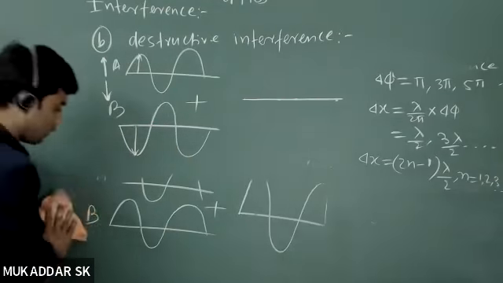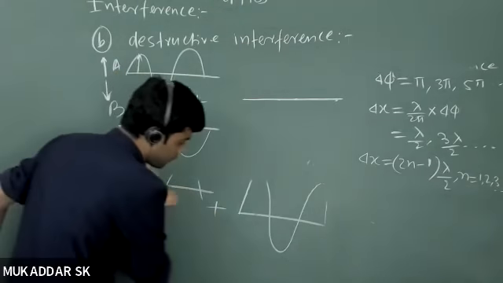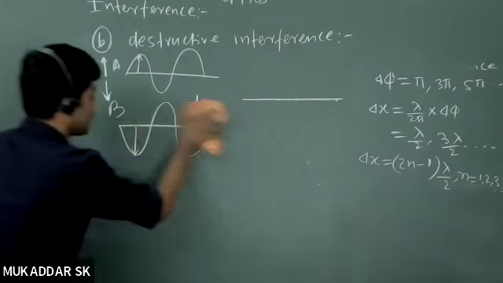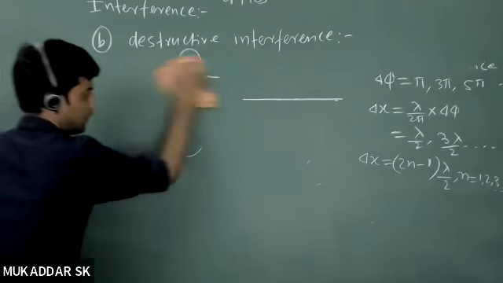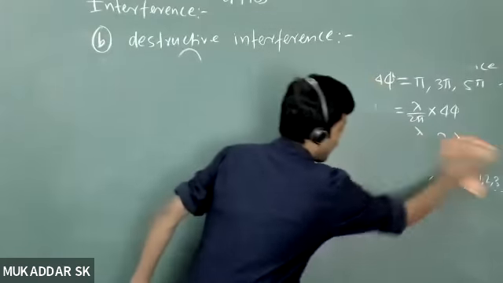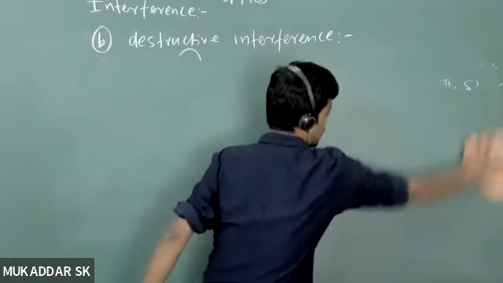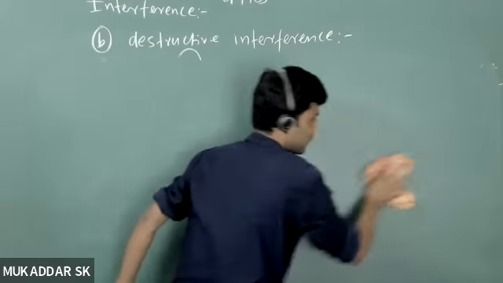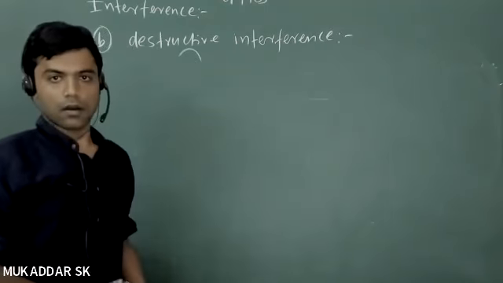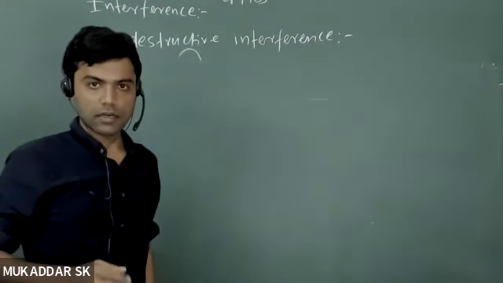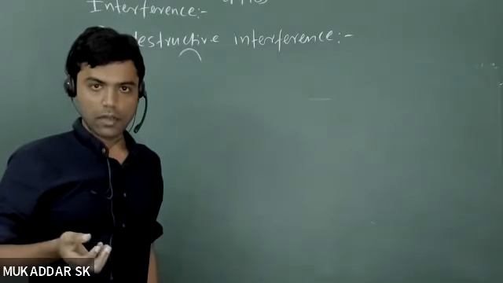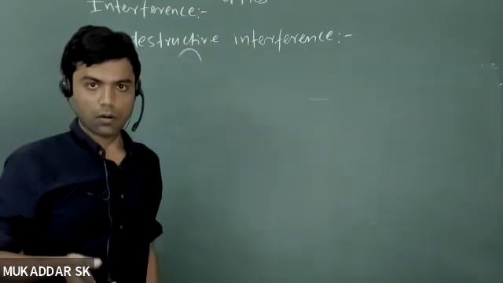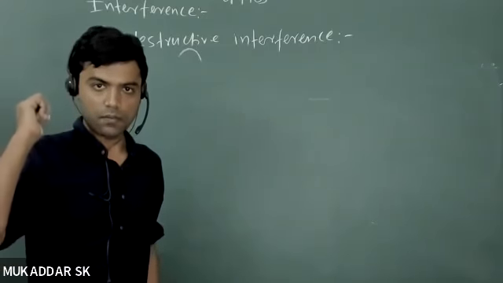Now we'll go to that important part of the Young interference pattern, that is your Young double slit experiment. Basically, you have the Young double slit experiment, then thin film interference, then Newton's rings, then the Michelson interferometer. All are basically part of interference.